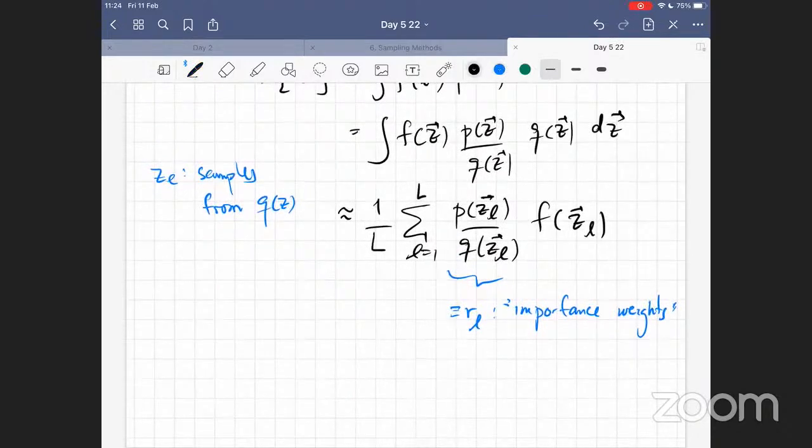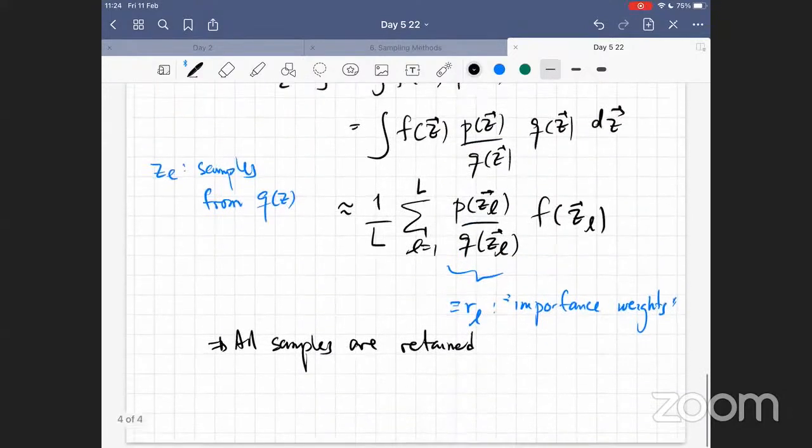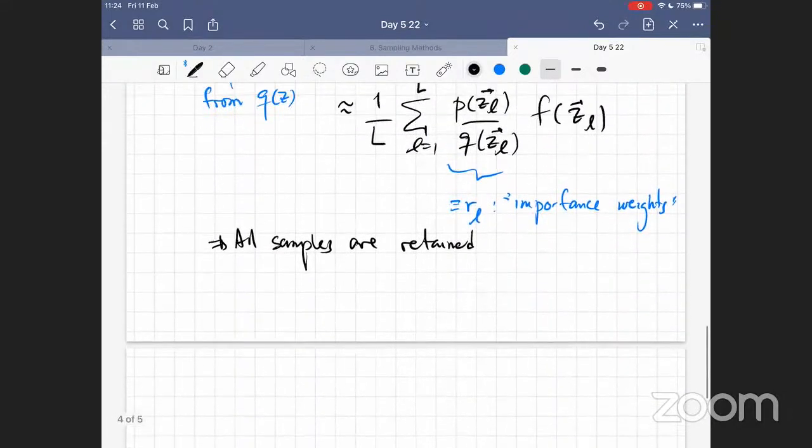And in the algorithm, all samples are retained. There is no rejection here. So what is happening in any case is the following.